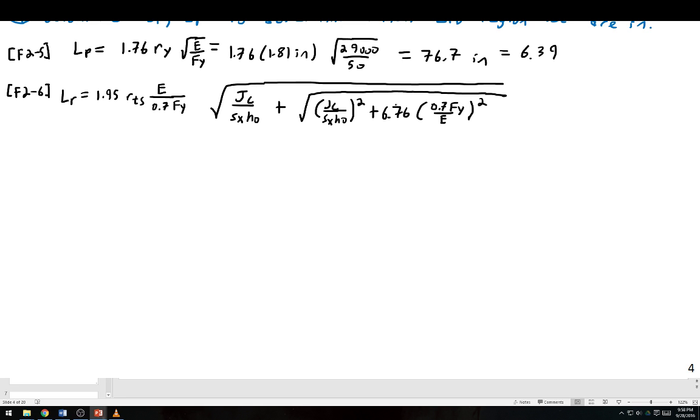I don't want to throw this whole monster into my calculator all at once, so I'm going to take this in bite-sized chunks.